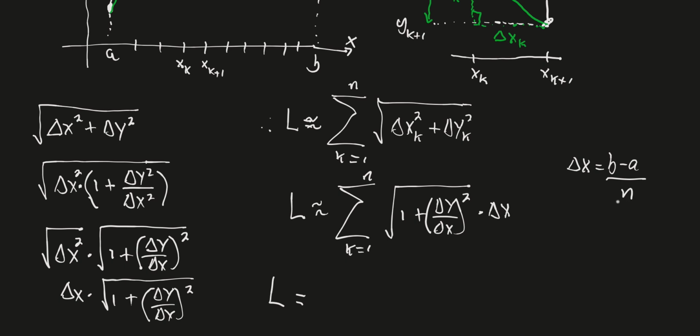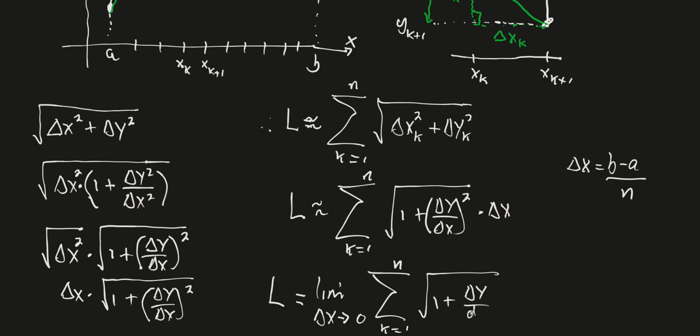If n gets very, very large, then delta approaches 0, right? So we could say the limit as delta x approaches 0 of this Riemann sum, right?